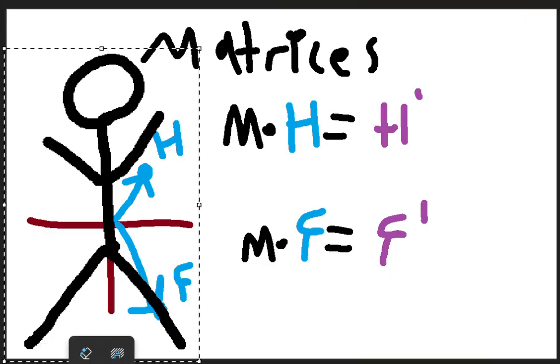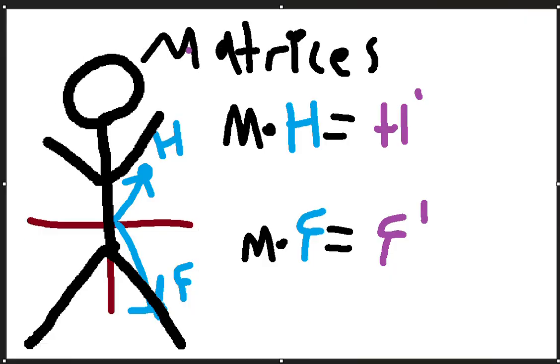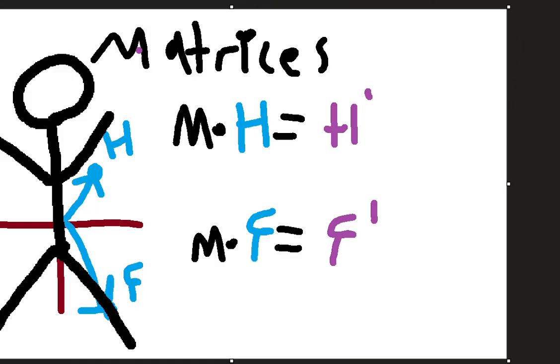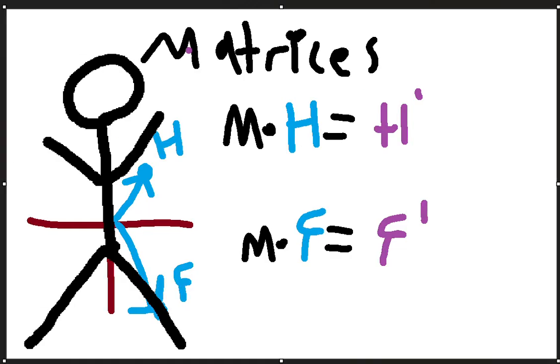Just to make this easier. Now, as you can see, his hands and feet are no longer in the same place. So we need new vectors to describe the foot. So call this the hand prime. And as you can see, it's not in the same direction as the old hand. And we can also do the same thing with the foot.